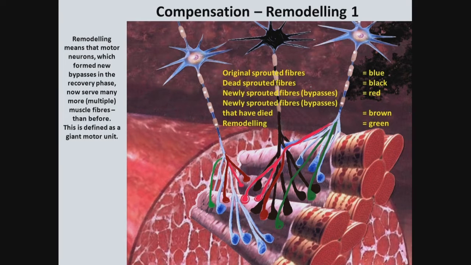Compensation remodeling 1. Remodeling means that motor neurons, which formed new bypasses in the recovery phase, now serve many more, or rather multiple, muscle fibers than before. This is defined as a giant motor unit. This adjustment is not static, meaning old bypasses are being constantly replaced by the regeneration of new ones.